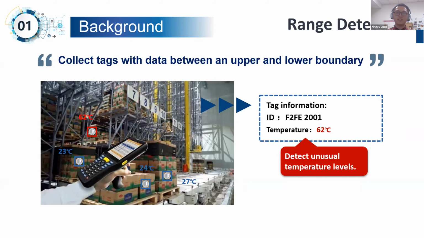Another example is temperature detection. Consider a chilled food storage chamber where each food is affixed with a tag equipped with a small sensor. If the temperature data of a tag is higher than a threshold, an advanced warning should be activated to protect people and products. From the above 2 examples, we know that range detection is very important.